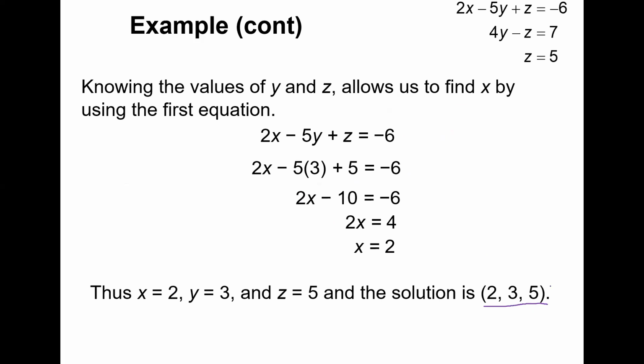Now, they don't show the check here, but what we would really do is go back in and check. We'd plug each of those into all three equations. Well, z is 5. We already have that one, so we know that works. Now, if we plug in the 3, 4 times 3 is 12, minus 5 is going to be 7, so that works.